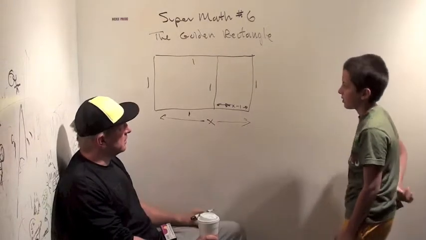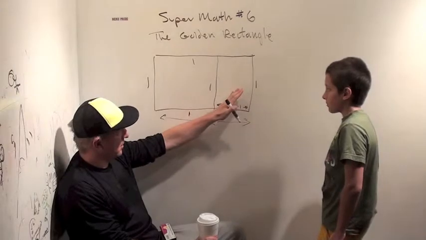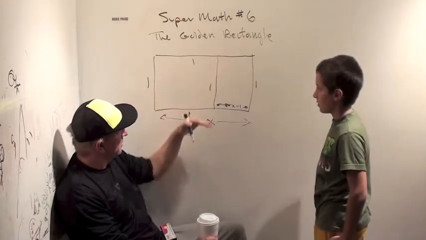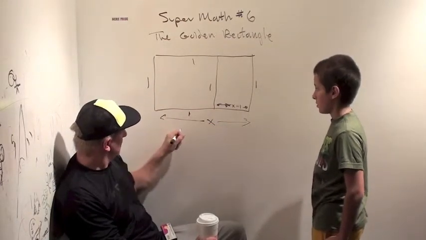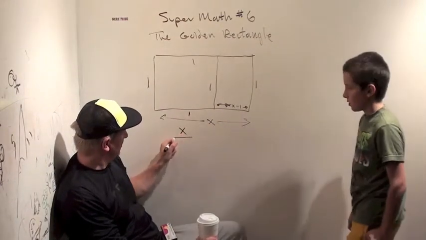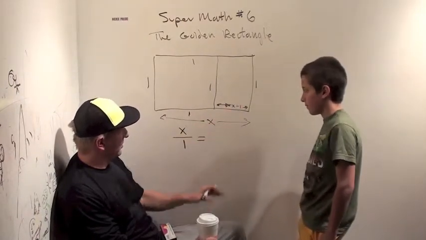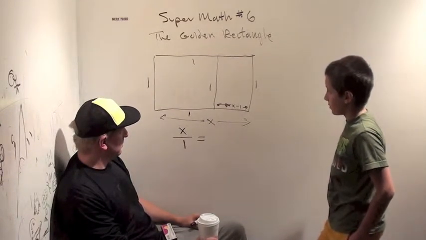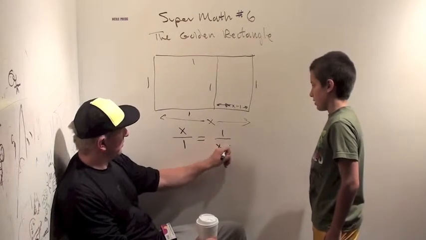It said the ratio of the sides in this rectangle is the same as the ratio of the sides in the big rectangle. In the big rectangle, the ratio of the sides is x to 1, long side to short side, and that has to equal the ratio here. In the smaller rectangle, the short side is 1 to x minus 1, so 1 over x minus 1.